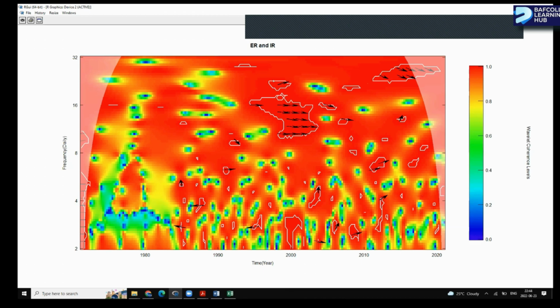This is the one I just explained. So I think IR is leading. They are in phase in the medium to long term between about 1995 and early 2002.